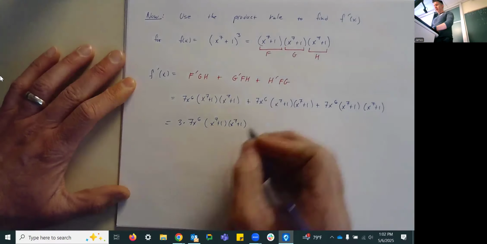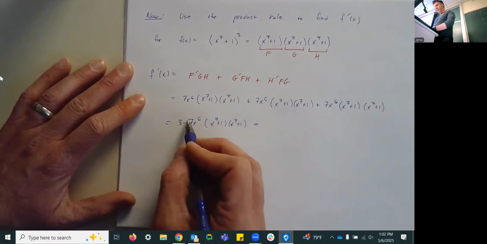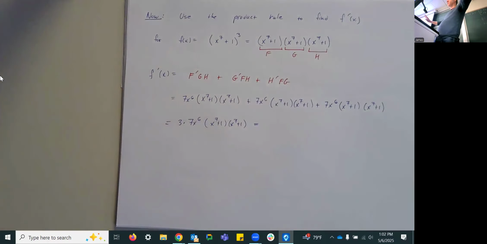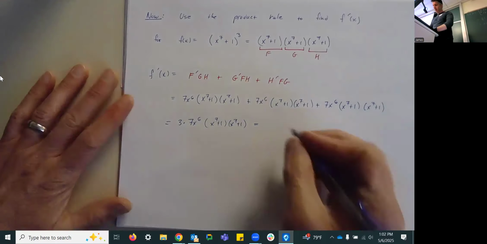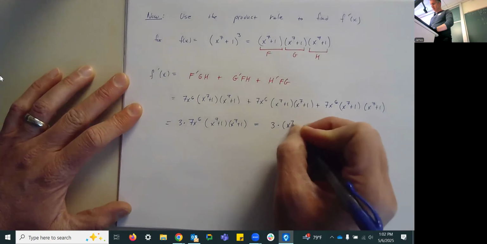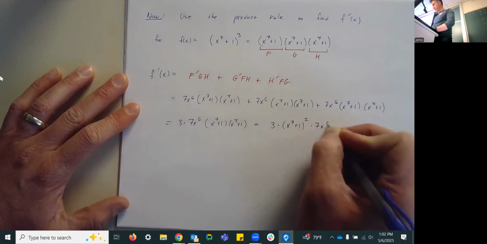Now I'm going to rewrite it in the way that is the most useful to me, which is I'm going to leave the 3 in front, but move the 7x to the 6 to the back. Again, remember, order of multiplication doesn't matter. You can multiply things in any order and not affect the outcome. So I'm going to rewrite this as 3 times x to the 7th plus 1 squared times 7x to the 6th.